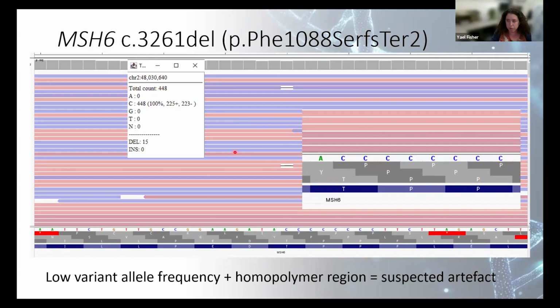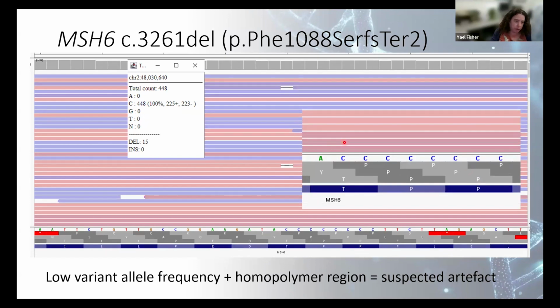Now, someone said mismatch repair. That's also correct. If you have mismatch repair deficiency, you can have variations in these kinds of homopolymers. So depending on your clinical suspicion and exactly which gene you saw it in and the potential clinical significance of it, you can try and test in a different method.